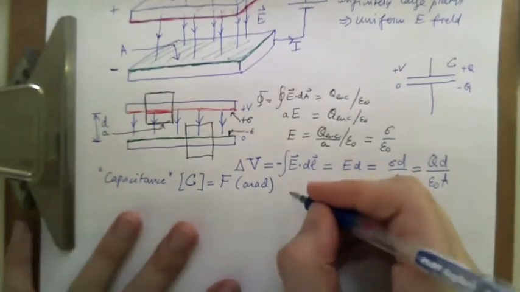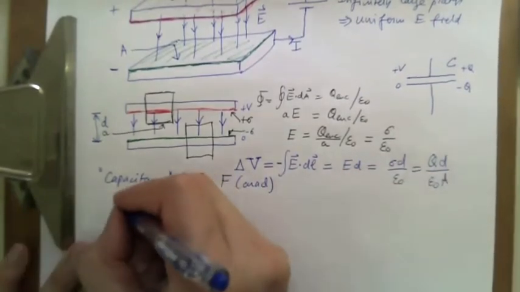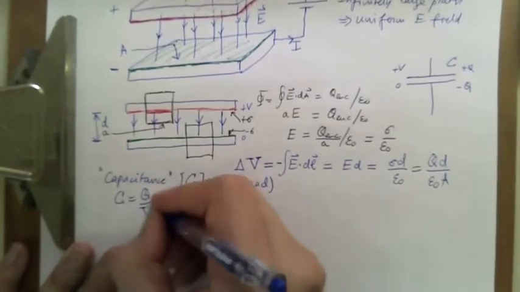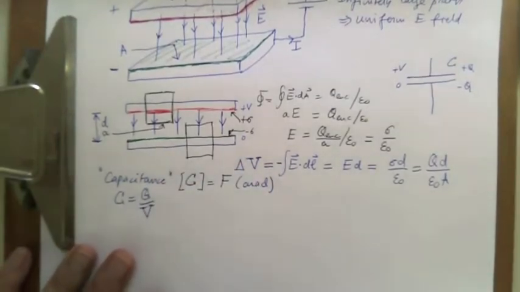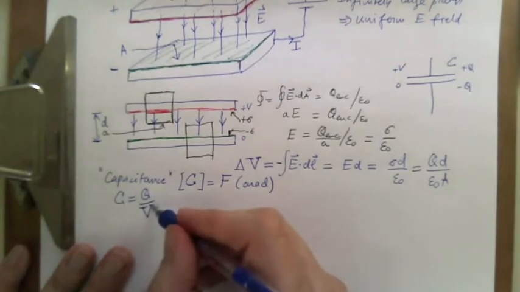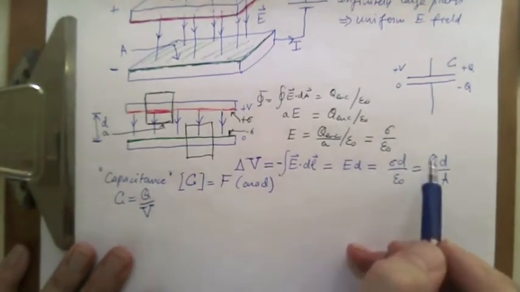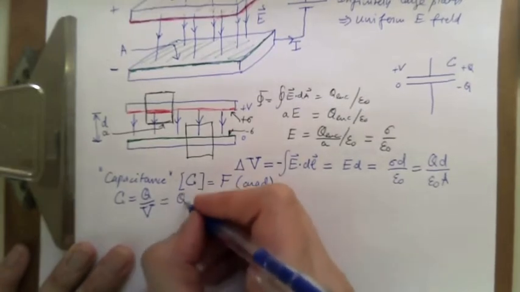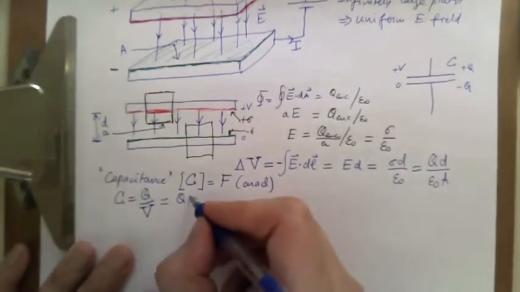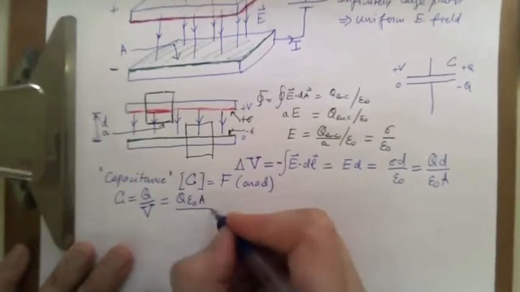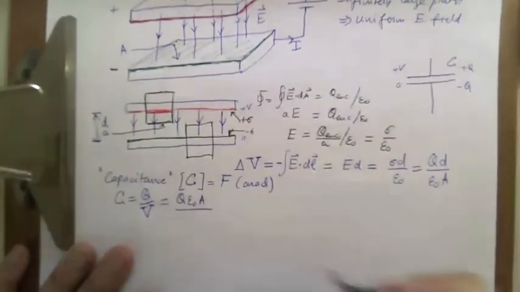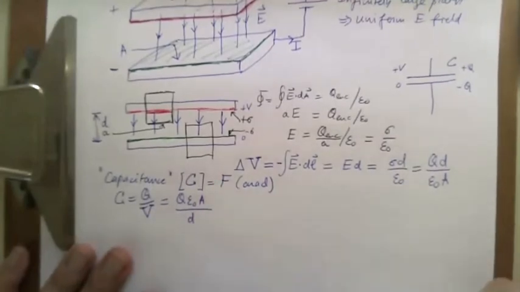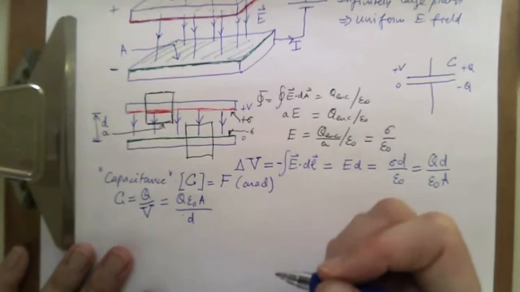And C is defined as Q over V. So in this case, Q over V would be Q over Q times epsilon naught A over D, so C is epsilon naught A over D.